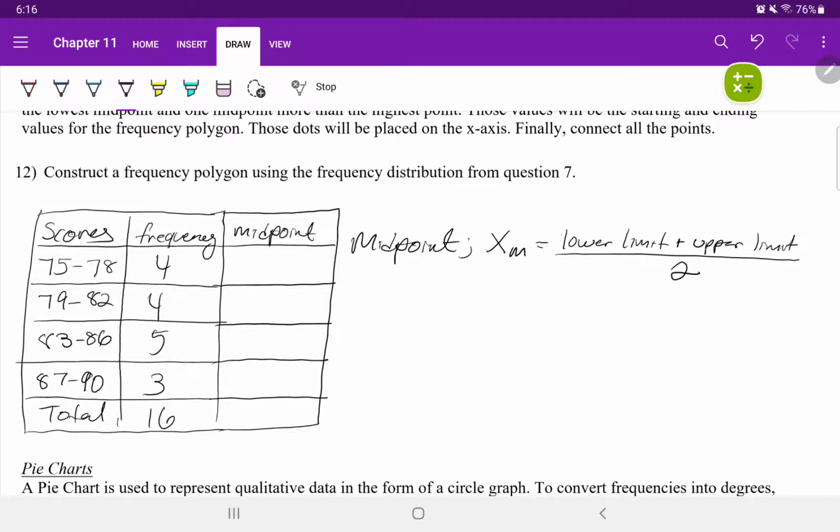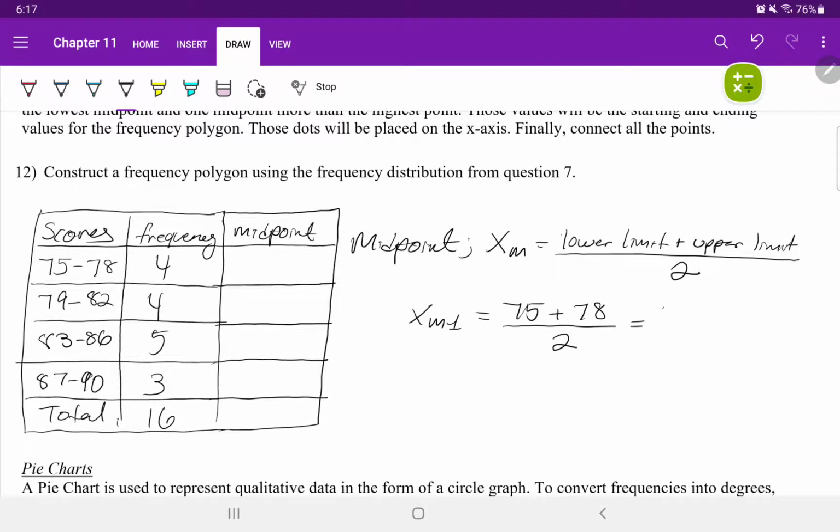Now, let's find the midpoints of each of those classes. To find the first midpoint, we're going to take the lower limit of the first class, which is 75, plus the upper limit of the first class, which is 78, and then you're going to divide it by 2.